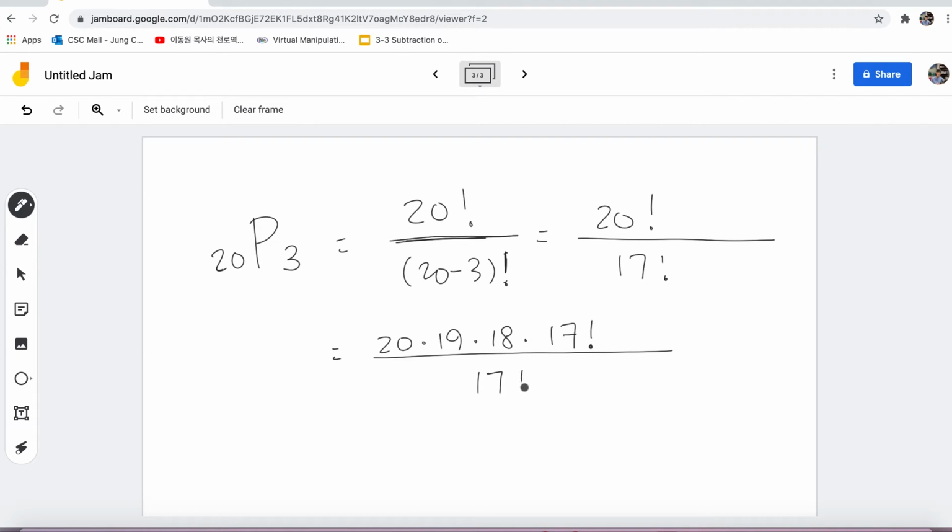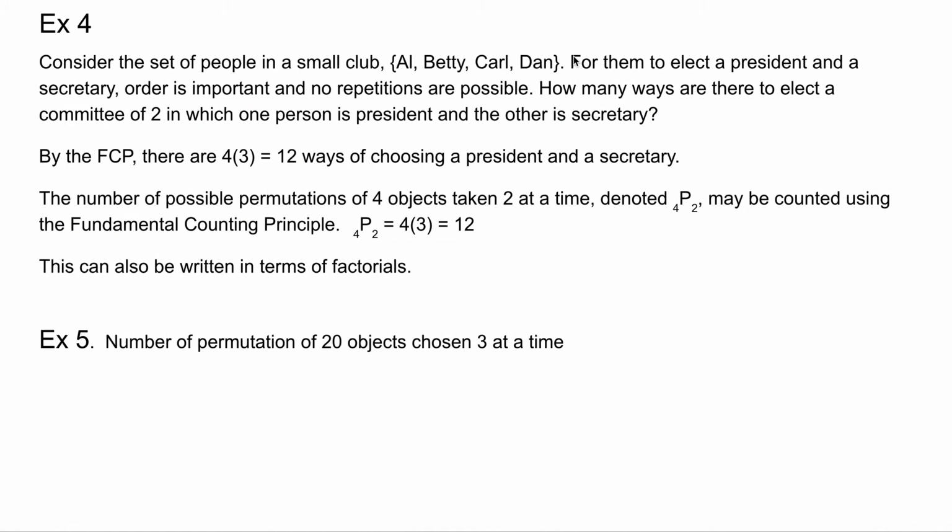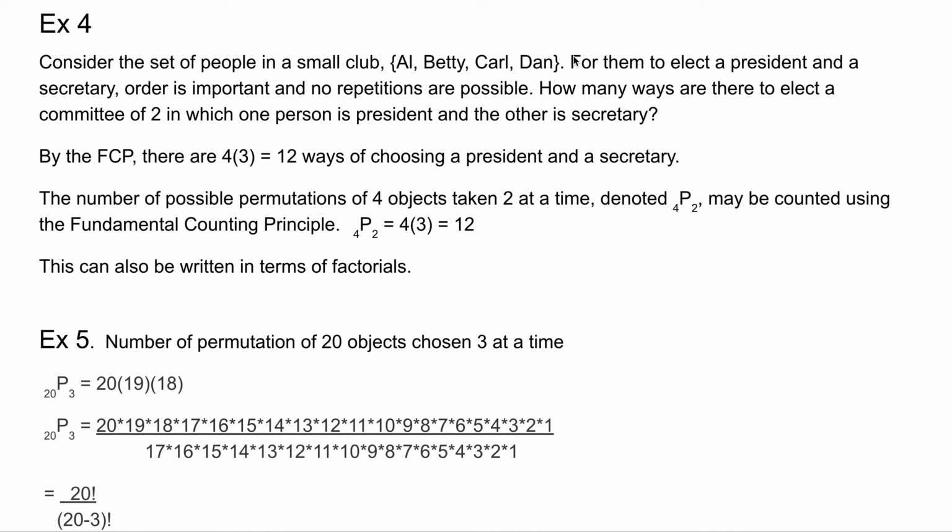The reason I stopped there is I can cancel these two out because these two are exactly the same thing. So instead of multiplying all of these numbers all the way to 1, you can just use the partial factorial, cancel them, and have 20 times 19 times 18 instead, and get whatever the answer is. I wanted to focus on how to calculate that easily.